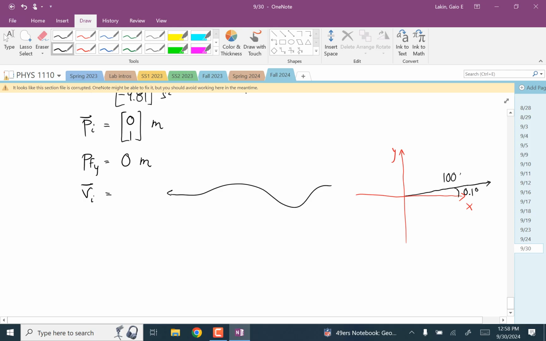And this length is 1,000. So that VI is going to be 1,000 times the cosine of 0.1 and 1,000 times the sine of 0.1.